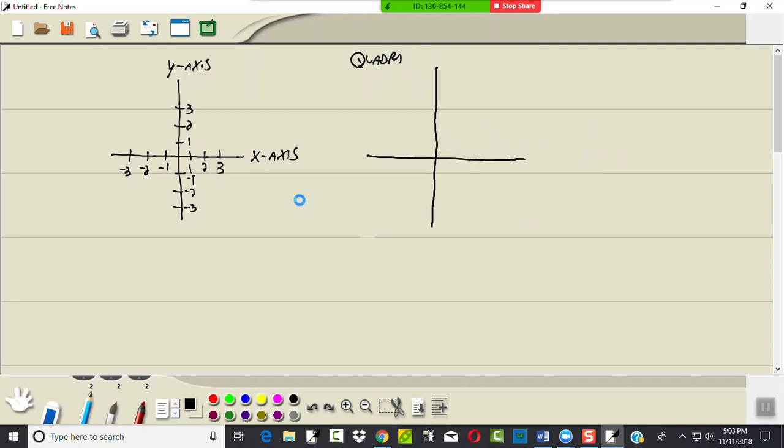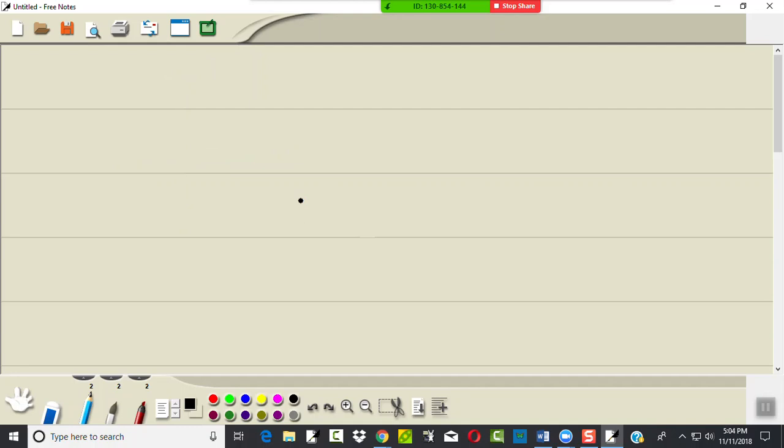Let me erase that. We have something called a point. This is where you have a beginning parentheses, then you have a number, then comma, and then another number, and then closing parentheses.